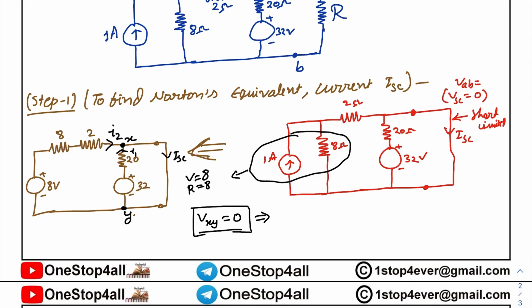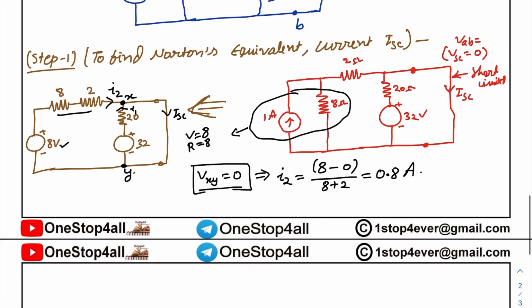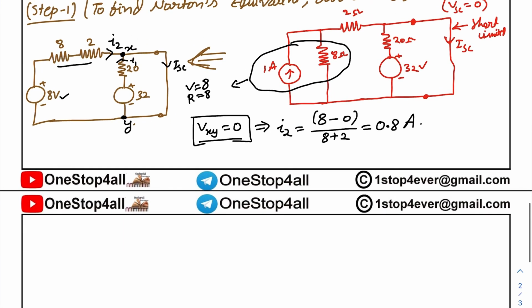Therefore, what we can write, I2 equal to 8 volt, because it is flowing from 8 volt to 0 volt. So 8 minus 0, the difference, divided by total resistance. Total resistance is how much? 8 plus 2 is 10. So it will be 0.8 amps. Understand now? How we retain this one?